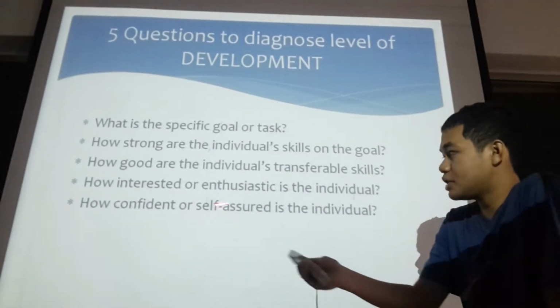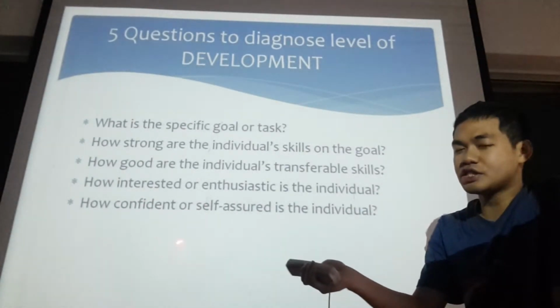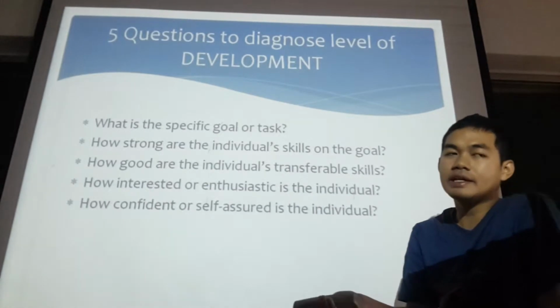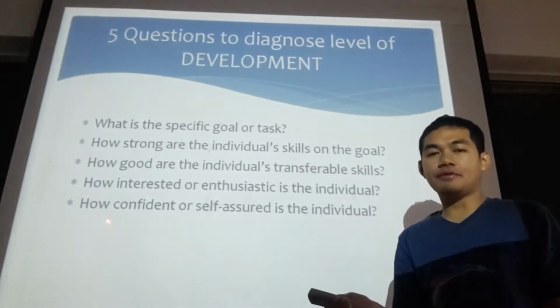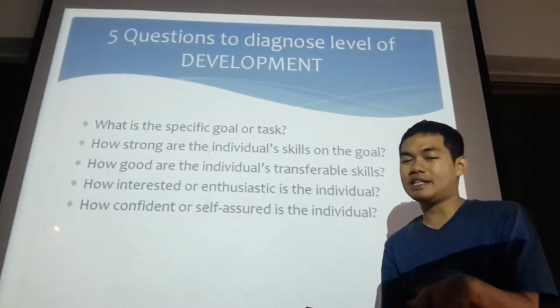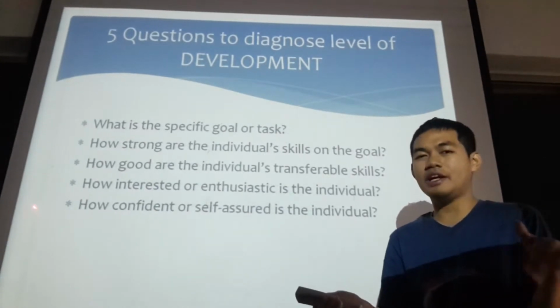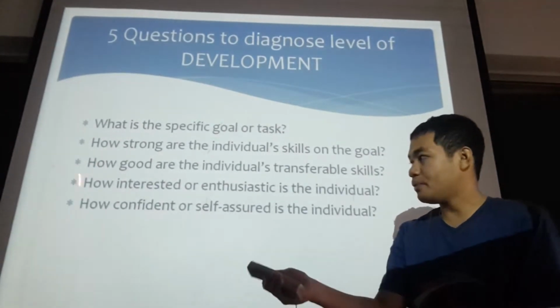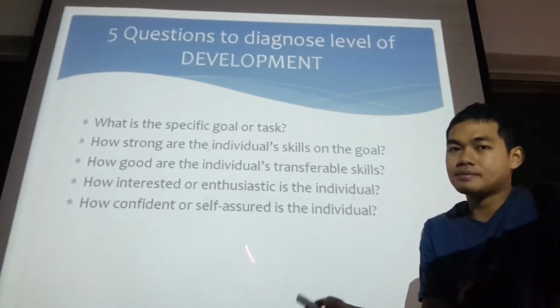Why do you ask these questions? Because confidence level will influence the actions of your team member. For example, if your team member has a really low confidence level, they don't want to speak with other people, with their teammates. They don't want to speak with you because they feel really low confident. And here you need to know whether the confidence level is low or high.